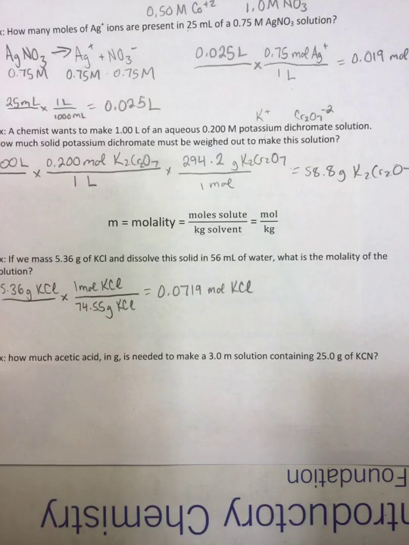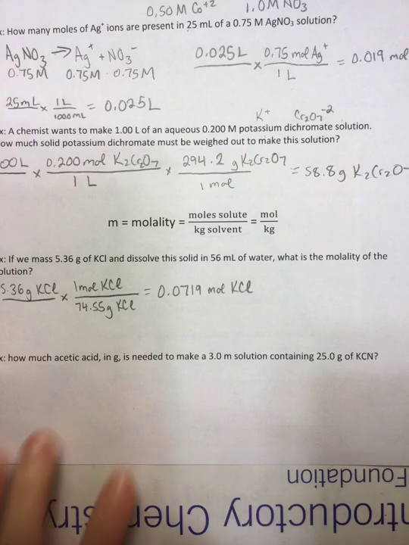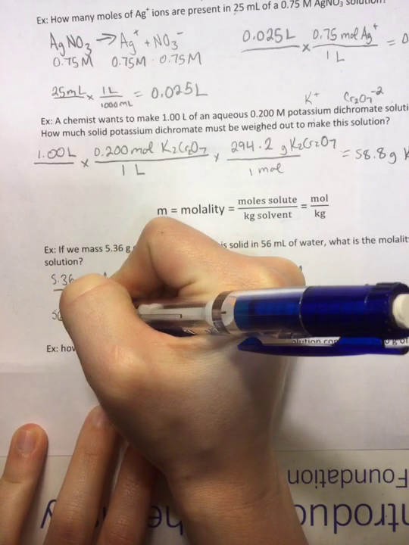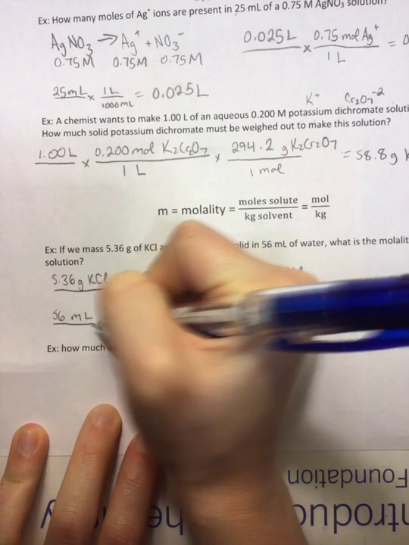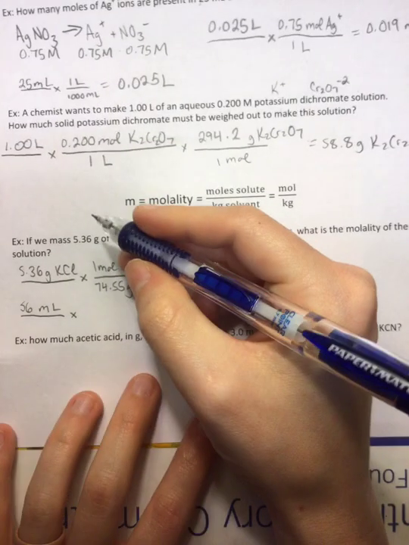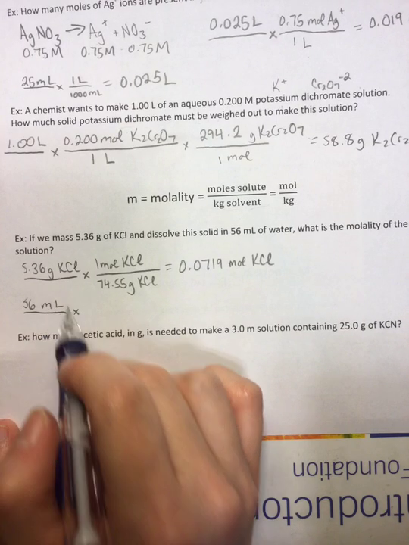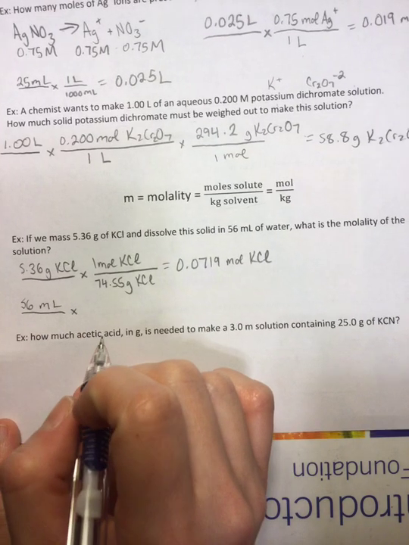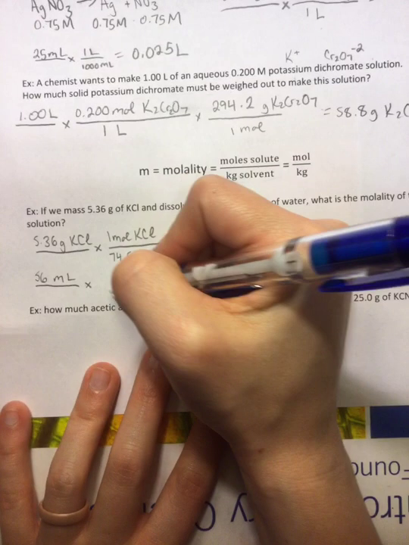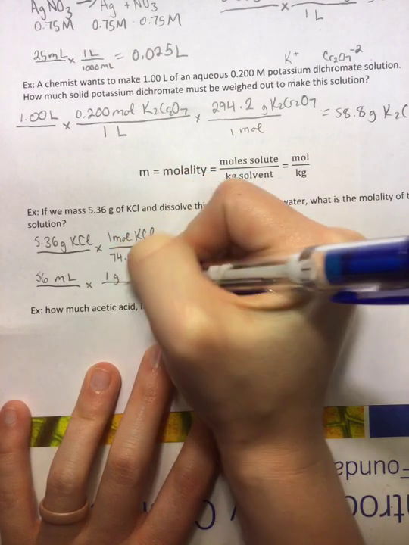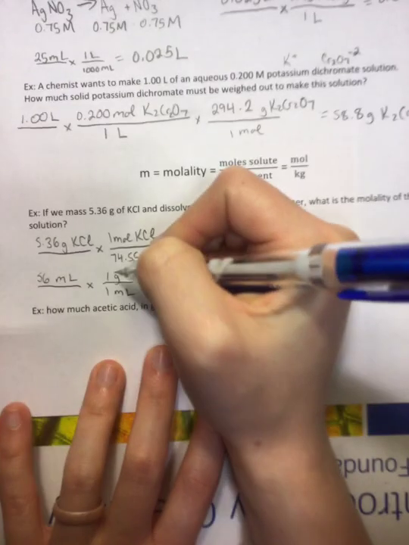And then I need kilograms of solvent, but I have 56 mils of water. So I'm somehow going to have to start out with 56 milliliters and end up with kilograms. Well, you had lots of practice in this last unit converting between volume and mass, especially with water. You use its density, and there's 1 gram per 1 milliliter, just for water, of course, though.